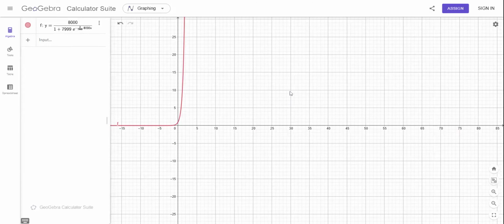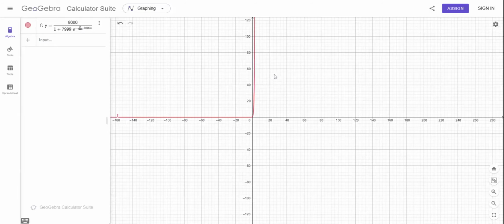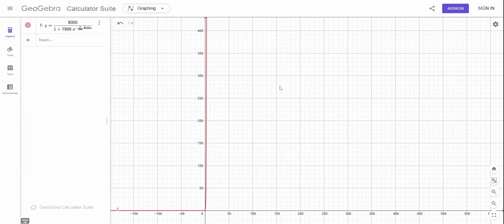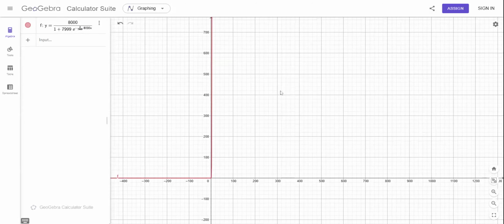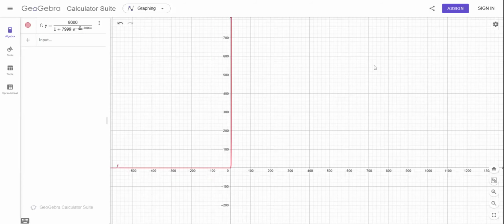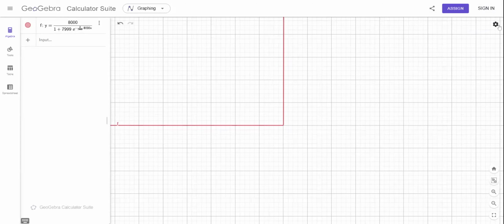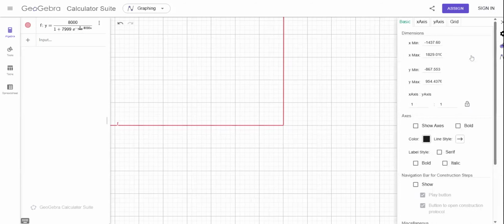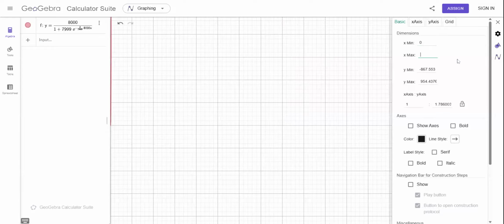Okay. So then if you look at the growth of it, see if we get a good window. Well, yeah, that's actually probably right though. It's going to go crazy. I get up to 8,000. How do I change the window? Open settings. There we go. Let's make this 0, and I don't know how many hours.